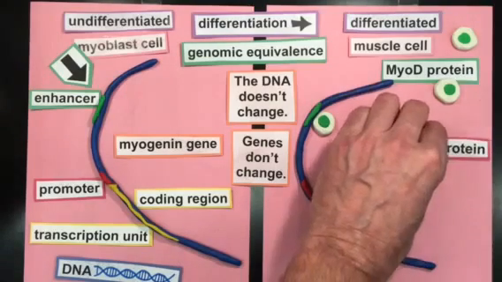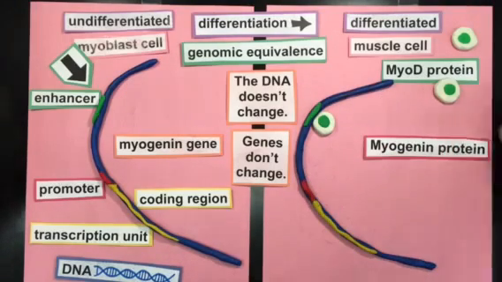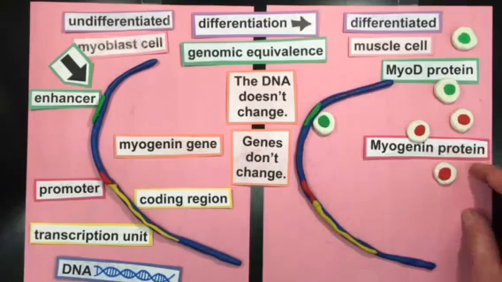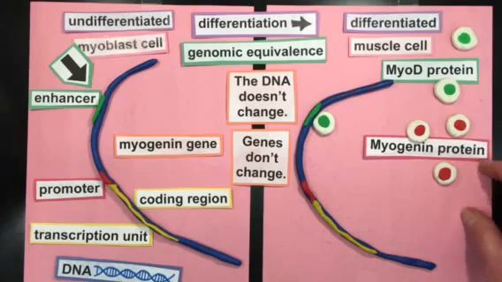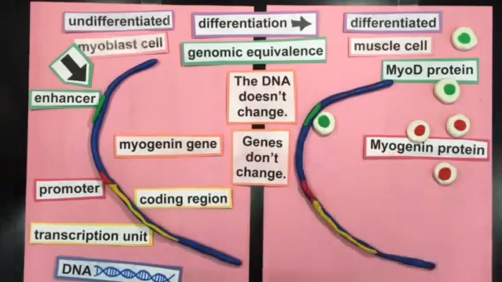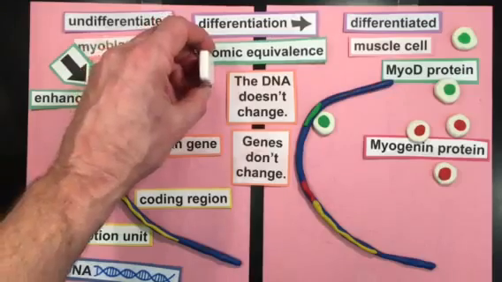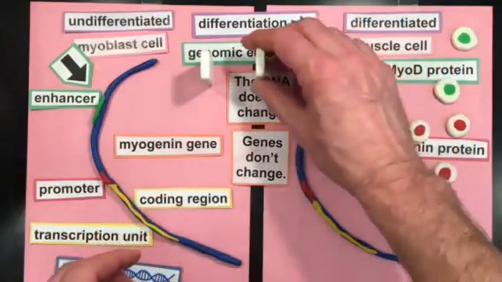That is going to lead to production of the myogenin protein. The myogenin protein also binds to enhancers of other genes and helps activate their expression. In that way, the changes during cell differentiation include a series of dominoes falling.